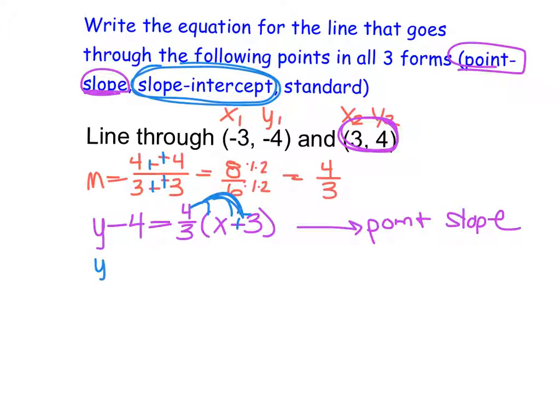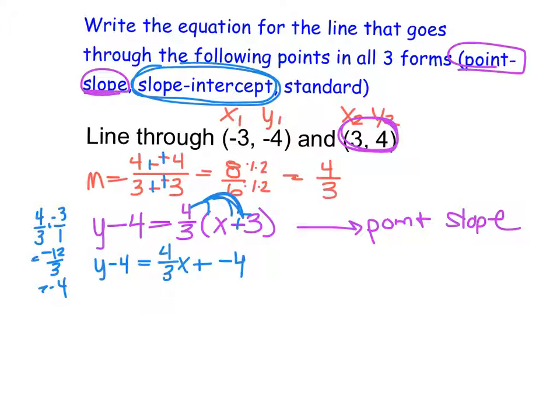So here I have y minus 4 is equal to 4/3 x plus, this one's a little tricky, so we're going to do 4/3 times negative 3 over 1, which becomes a negative 12 over 3, which is negative 4. So as we distribute that 4/3 and multiply it by negative 3, we get negative 4.